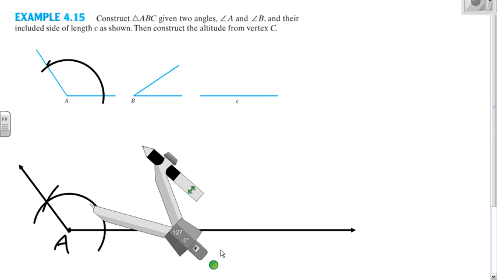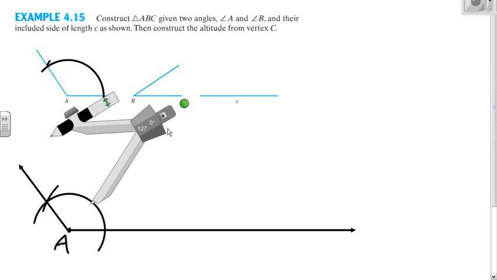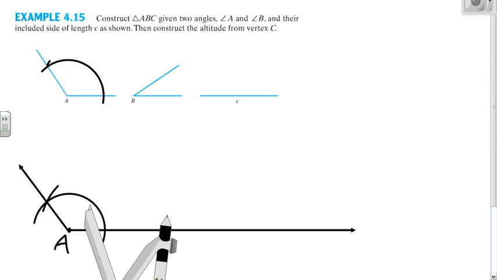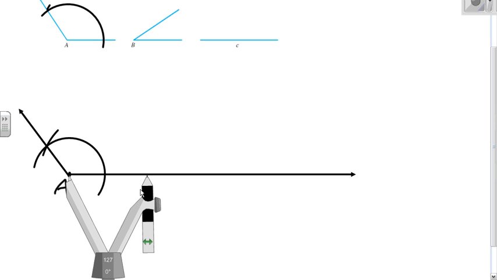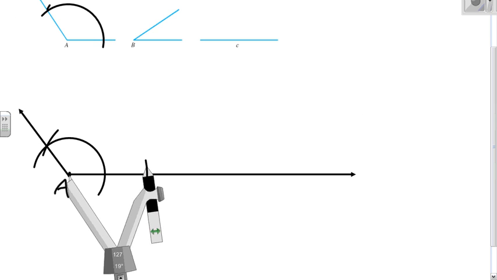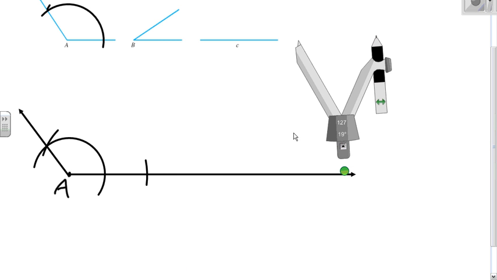And we can mark that out on where we're copying the information down to for our construction. So there's the length of side C.